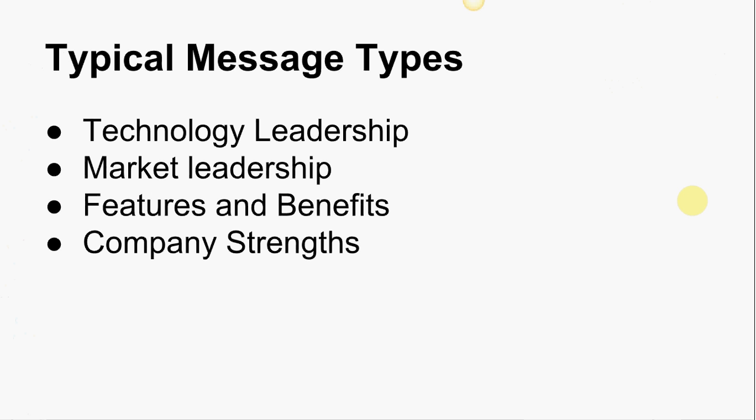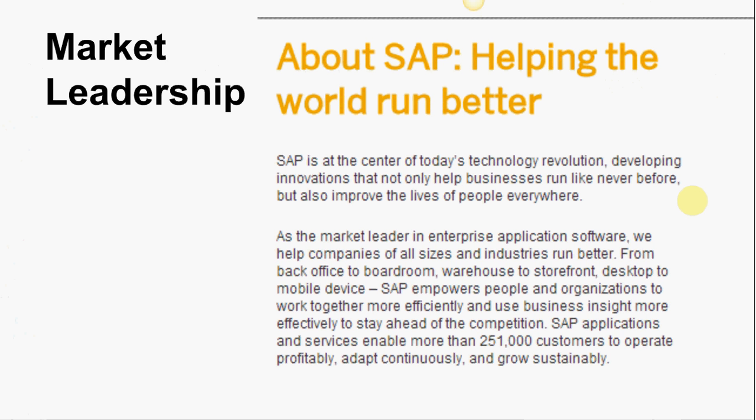They're also investing their future in it, and therefore company strength is an important message to reassure the buyer that you're going to be out there and you're going to be growing, and you'll be there for many years to service them and take care of them, and there's no problem with that.